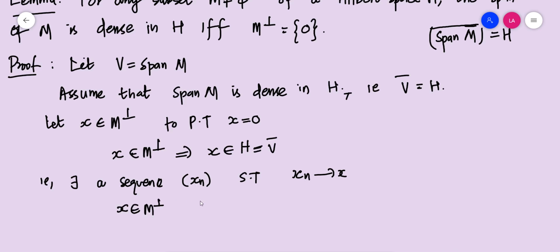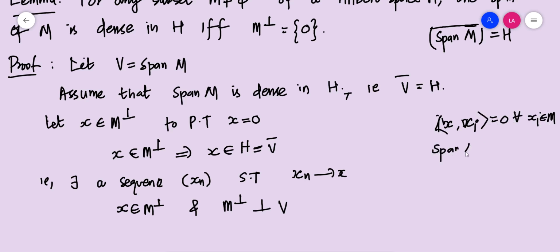Now, M perpendicular is actually perpendicular to V, which is span M. Because if you consider an element X in M perpendicular, the inner product of X with Xi should be equal to 0 for all Xi belonging to M. Now consider span M, which is equal to V, and an arbitrary element Y of V. Y can be written as a linear combination: Y equals the summation from i equals 1 to k of alpha i Xi.